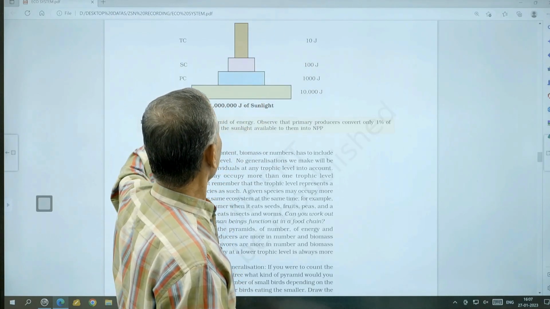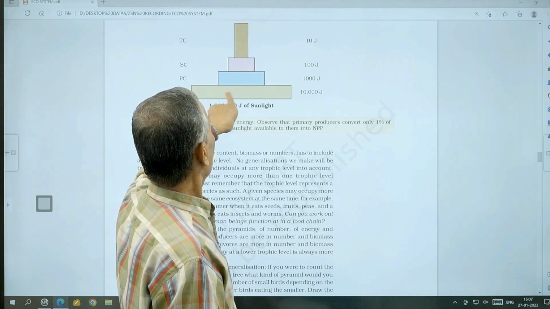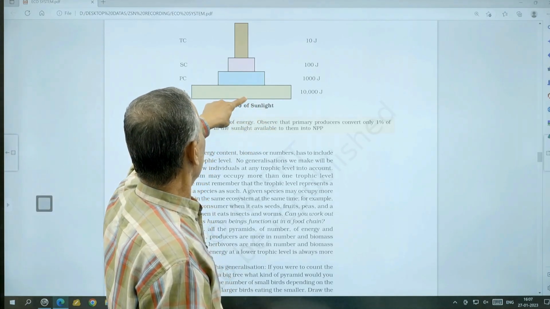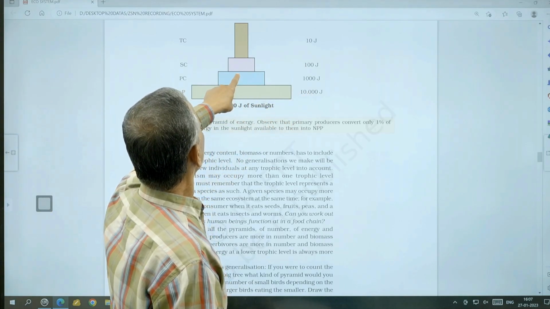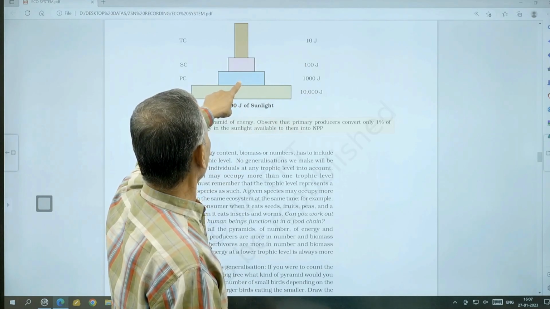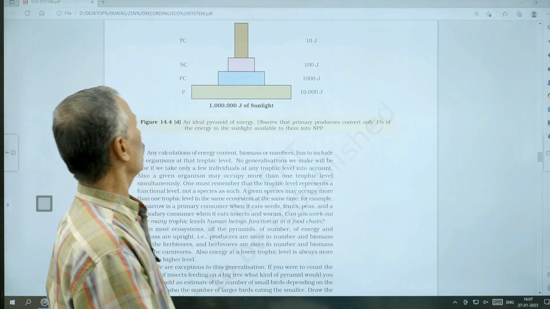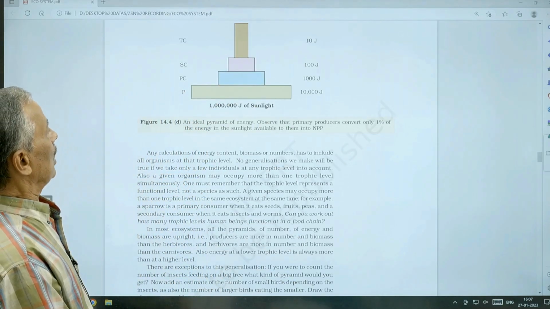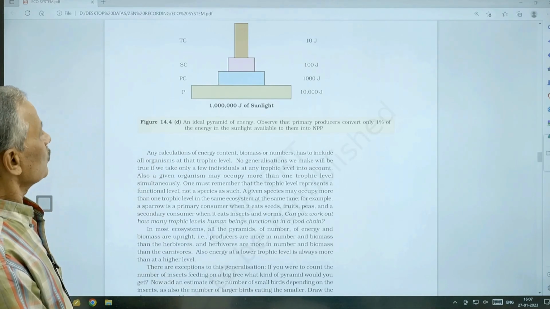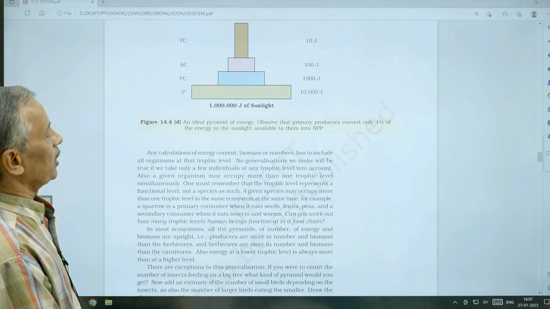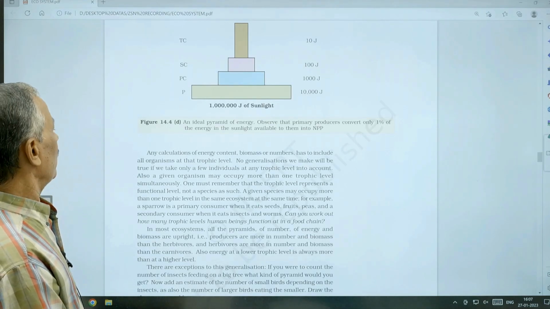That's why, even though they are getting 1 million joules of energy, they produce 10,000 joules, which becomes 1,000 to the primary consumer, 100 to the secondary consumer, and when it reaches the top carnivore, the fourth trophic level, it becomes very much reduced to 10 joules. So that is the characteristic feature of the pyramid of energy. It will never become inverted, it is always upright.